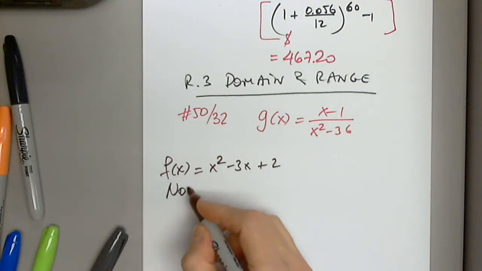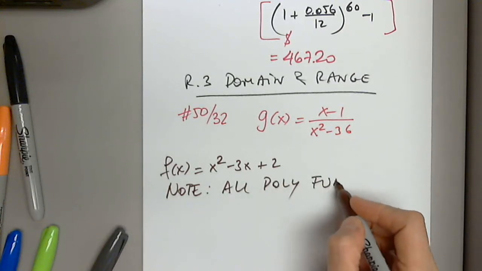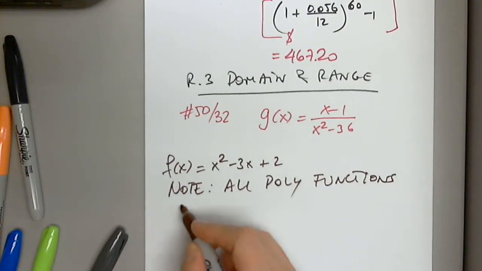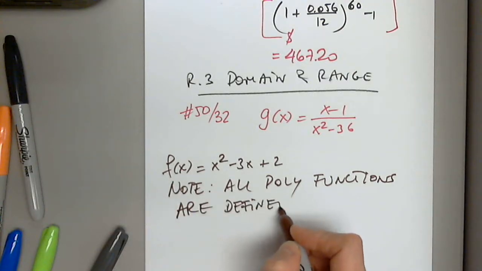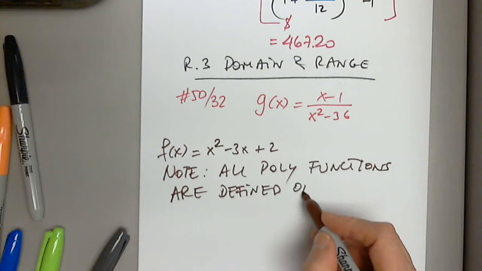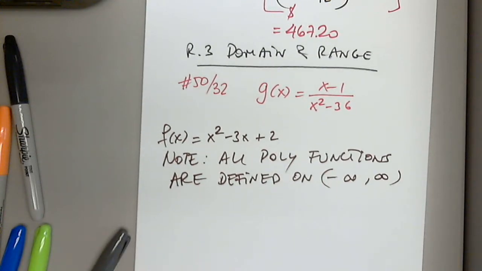So note, all polynomial functions are defined everywhere, or on negative infinity to infinity. All real numbers. What does that mean? It means that in this function I can replace x by any value that I want. There will never be a problem.